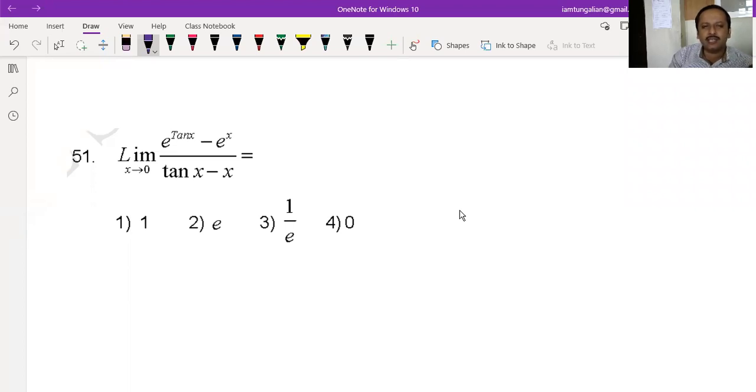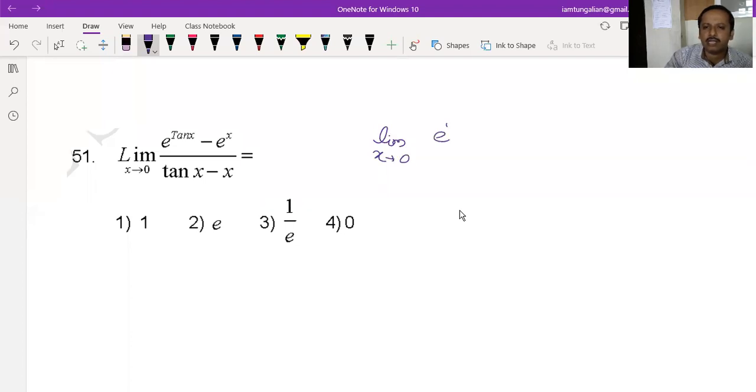So 0 by 0, an indeterminate form. But using L'Hospital's rule is not a good idea, because derivative of e power tan x is e power tan x into secant square x, minus e power x. Then when you apply the limit, it is still 0, and denominator secant square x minus 1, secant square 0 is 1, 1 minus 1 is 0. Again 0 by 0. Using L'Hospital's rule twice will be complicated.